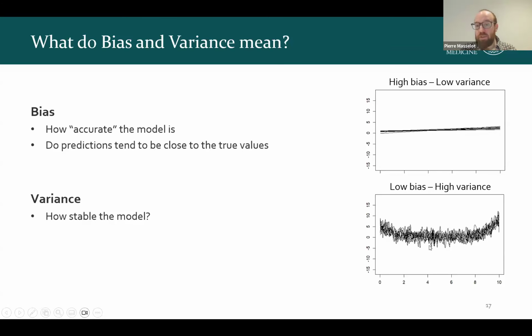On the other hand, you have a low bias and high variance model here. It's very wiggly. So the model will tend to fit quite closely to your observations. But at the same time, it has high variance in the sense that it varies a lot. If your data set changes only a little bit, it can have a massive impact on the predictions that you make. So it has high variance.